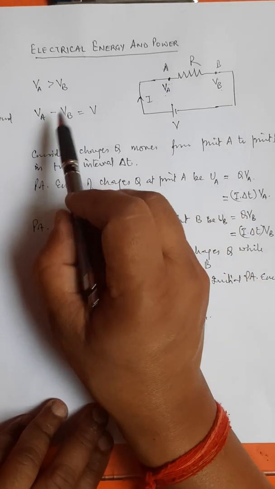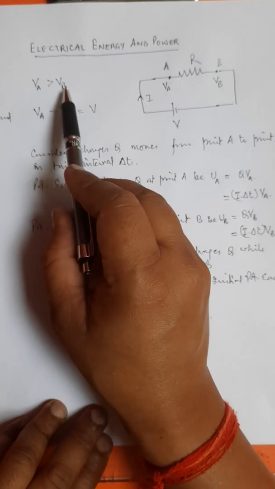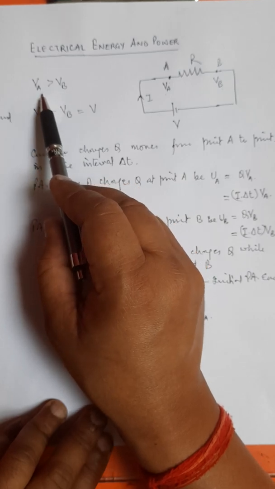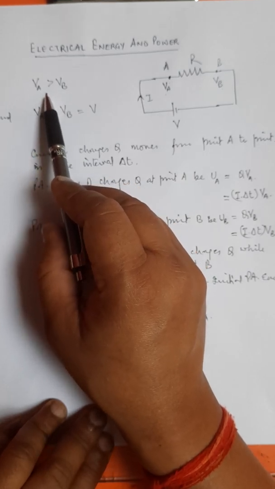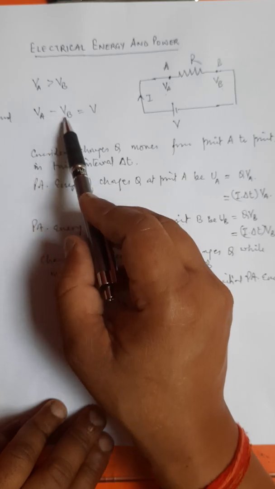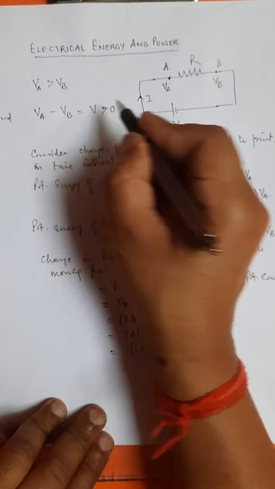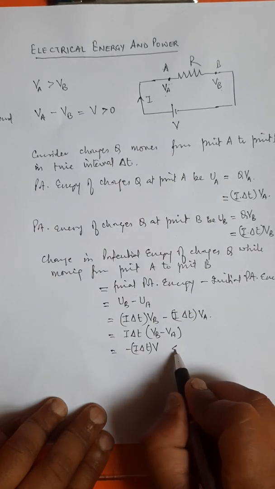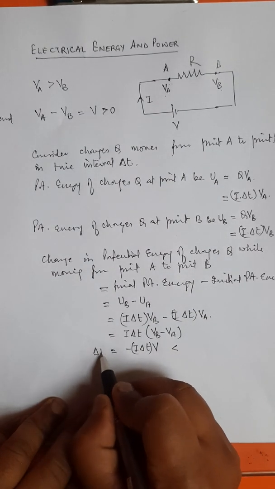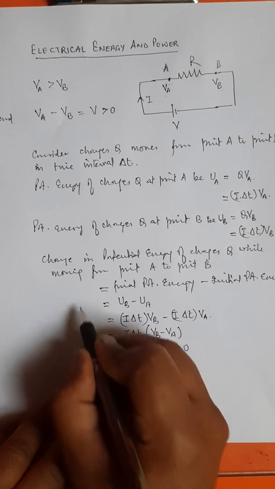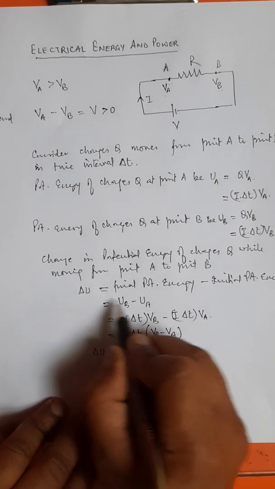We can see that VA is greater than VB. The potential at point A is greater than potential at point B. So this is V, and we can say that this is greater than 0, and this means this is less than 0. This is the change in the potential energy.